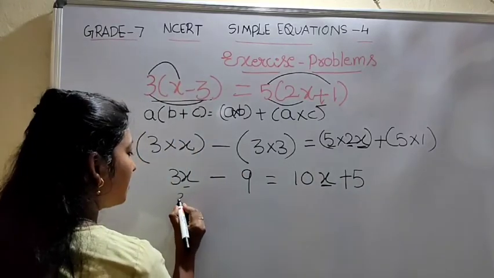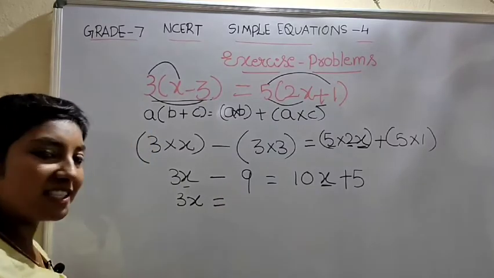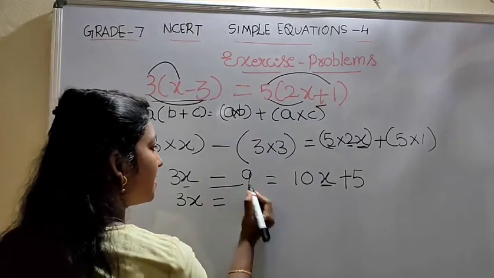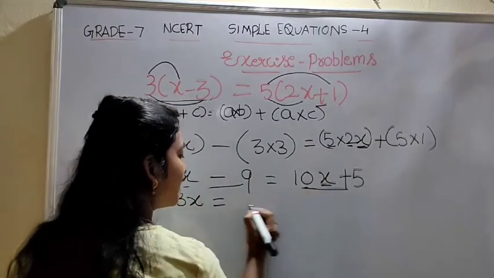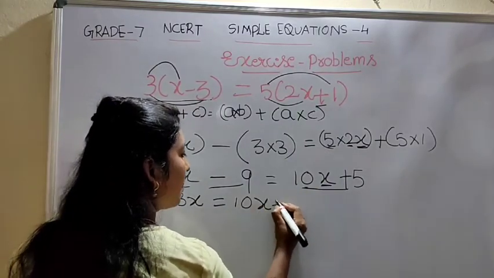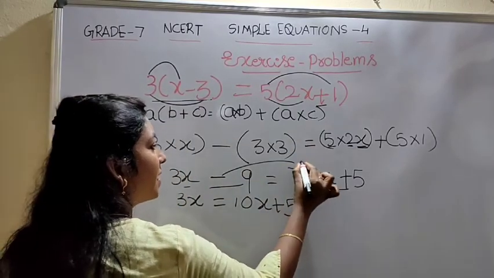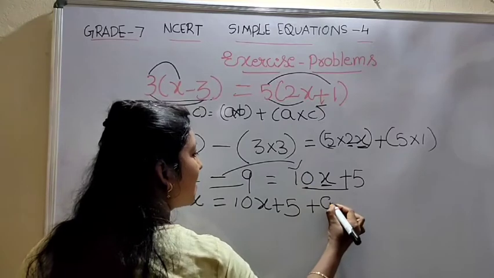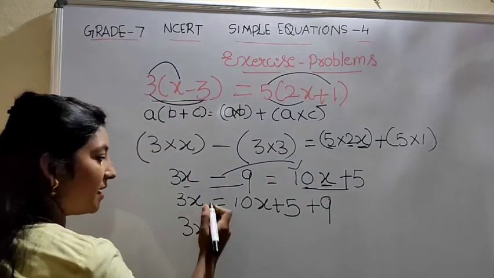So now 3x equals to, while I am transposing this, it will become plus. So 3x equals to, write this 10x plus 5, and when it goes to this side, it will become plus 9.